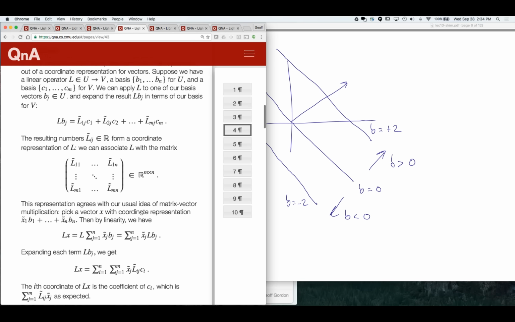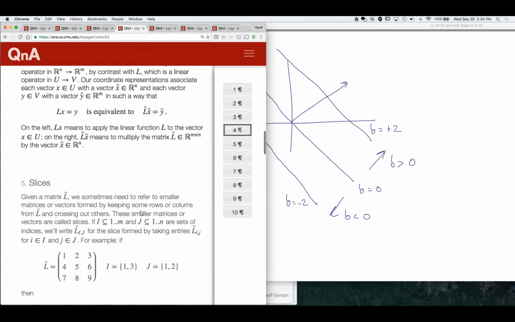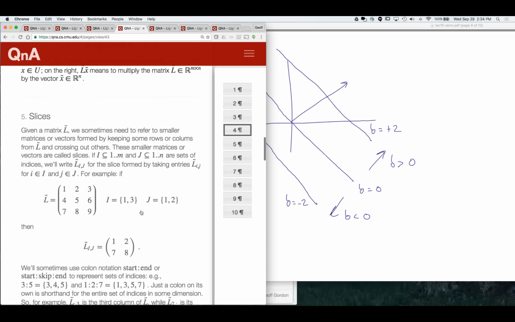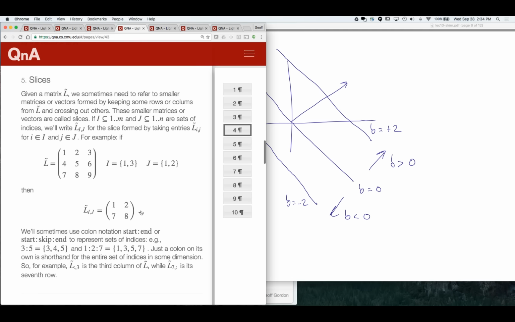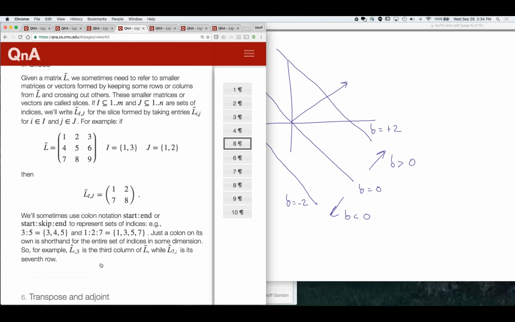All right, so we have now a matrix that corresponds to a linear operator. We can do useful things with matrices. In particular, we can take slices out of them. Some of the important slices are to take columns out of a matrix. So L of colon comma 2 is the column 2, 5, 8, right?